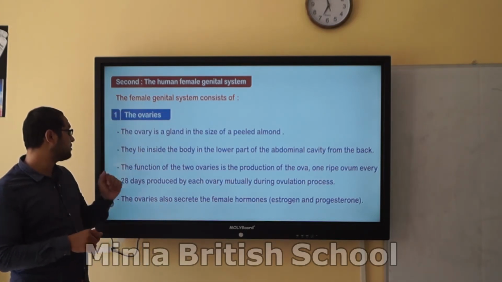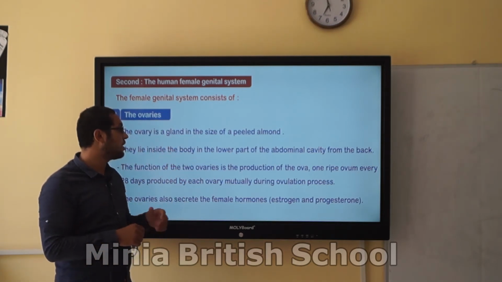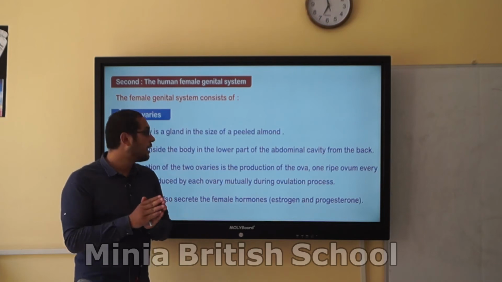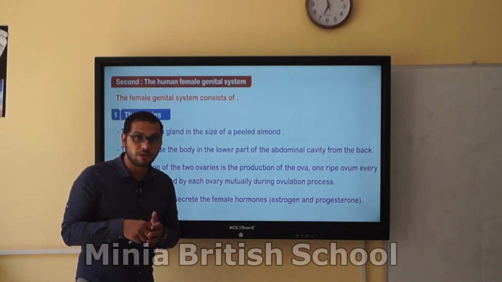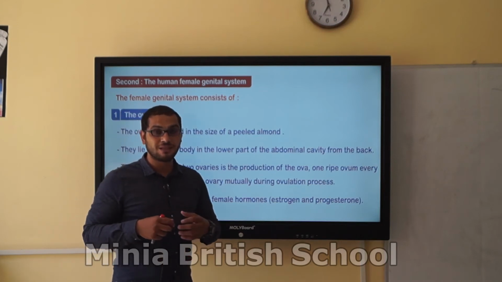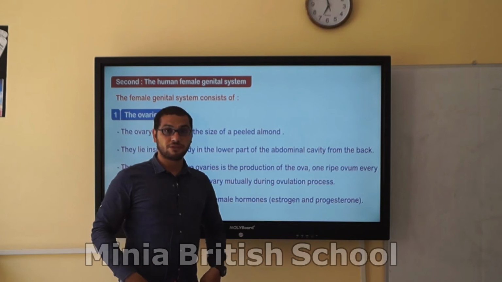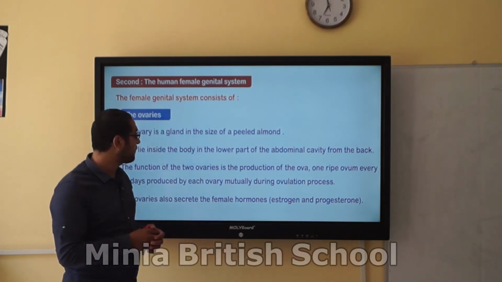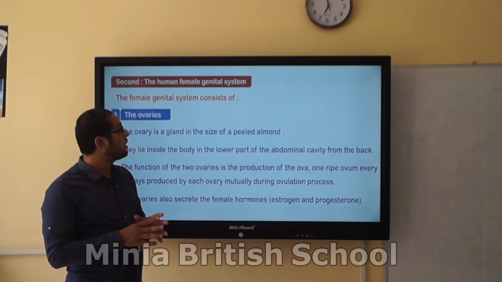The ovaries are glands the size of a peeled almond, and they lie inside the body, exactly in the lower part of the abdominal cavity from the back. What about the function of the two ovaries?